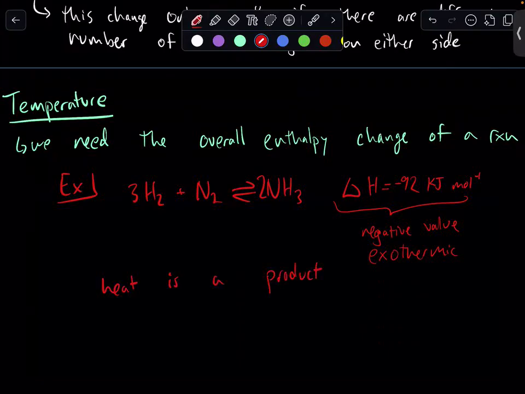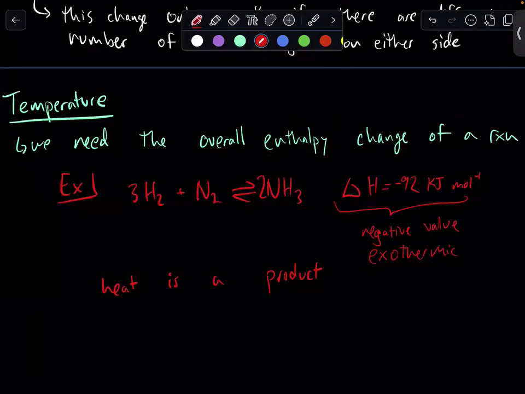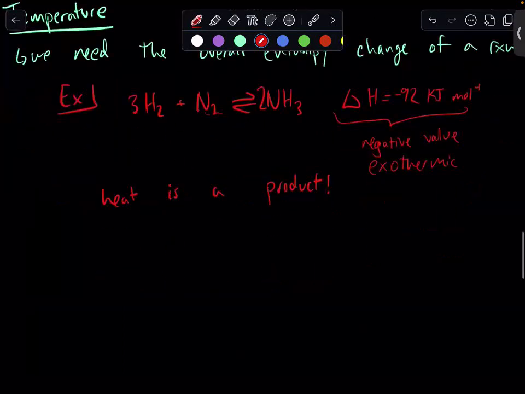So in exothermic reactions, we are making heat, while in endothermic reactions, we are consuming it. So knowing that, I'm actually going to rewrite this equation. I'm going to say 3H2 plus N2 reacts to form 2NH3 plus heat, because now it is its own product.